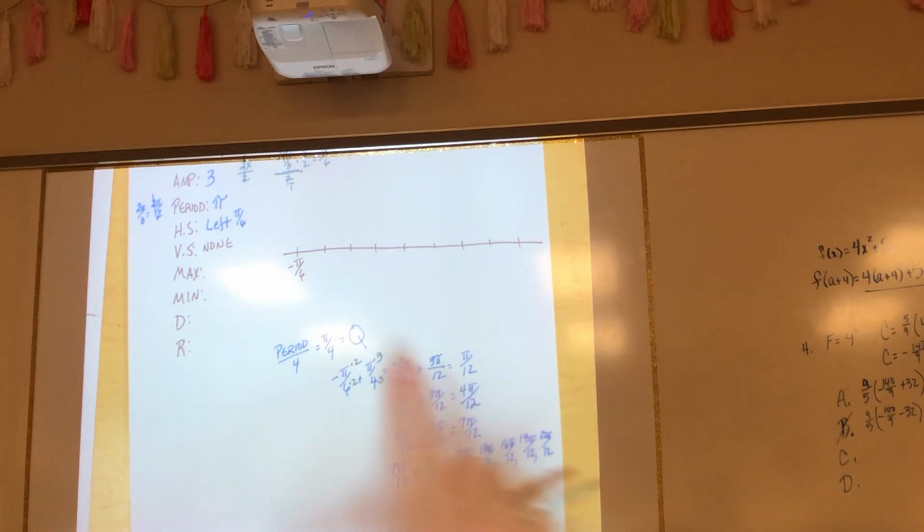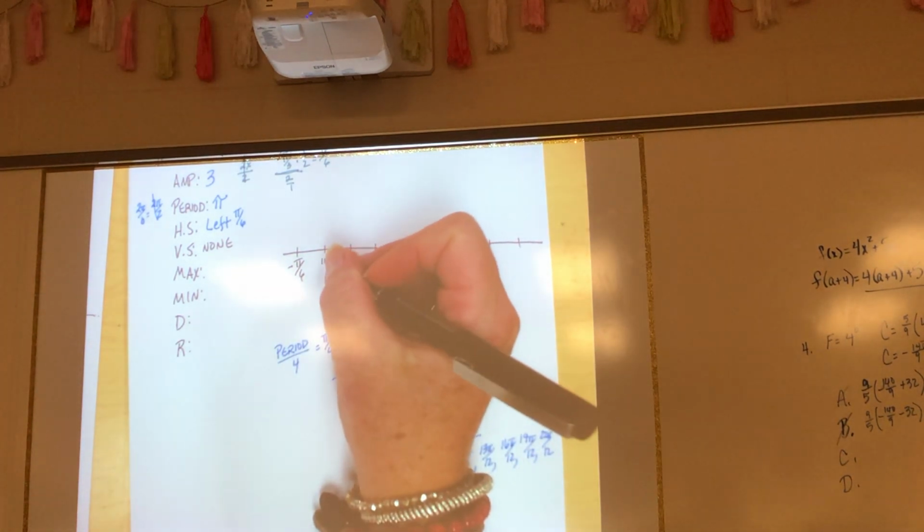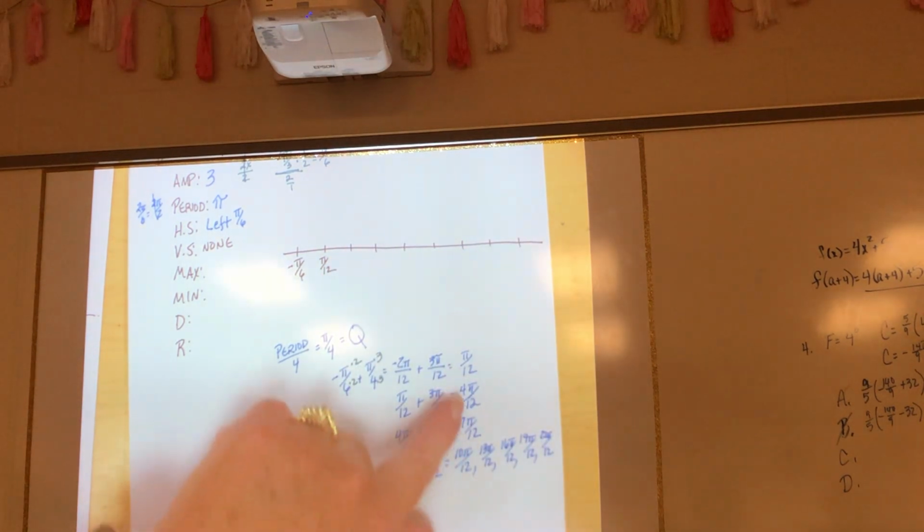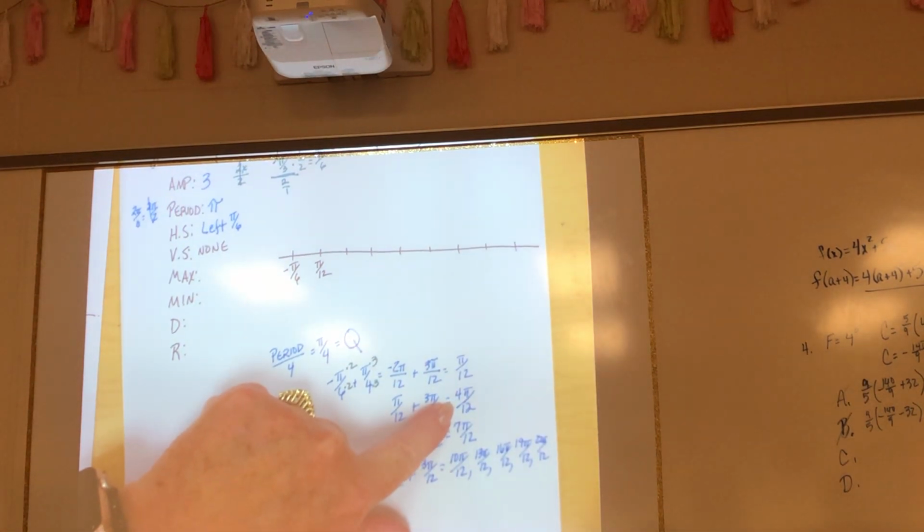Okay, so I'm gonna put these up here. The second one is pi over 12. 4 pi over 12 becomes what?